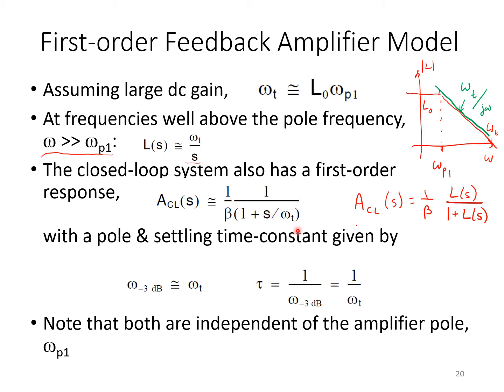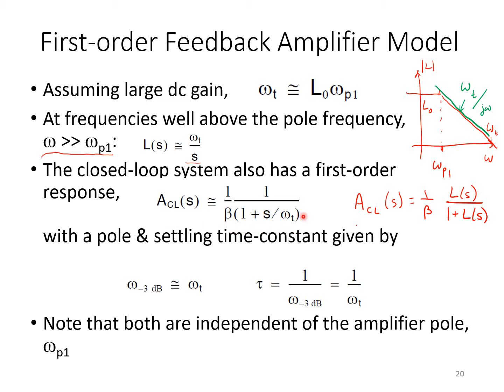So again, this is the bandwidth extension that we expect to see: the open loop pole at omega p1 becomes a closed loop pole all the way at omega t. So it's really omega t, therefore, the unity gain frequency of L that determines the 3 dB bandwidth of the closed loop response under a first order model.